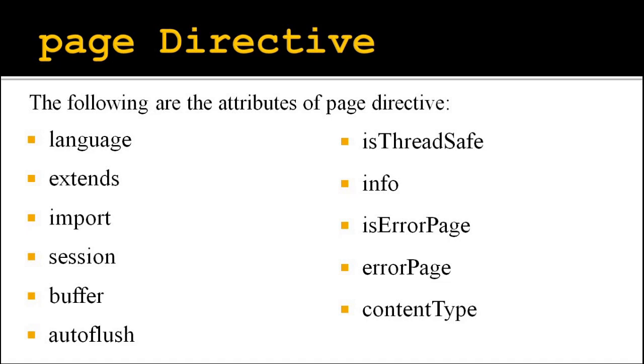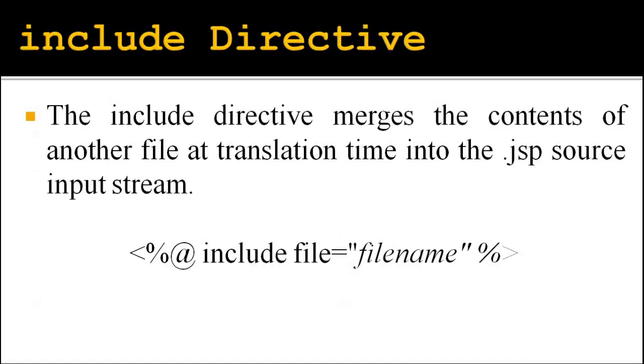If you have implemented an error page in JSP, you can assign the value true to the isErrorPage attribute. Coming to the last attribute, contentType, which specifies the MIME type, which means what kind of data is going to be presented. So these are the attributes of the page directive.